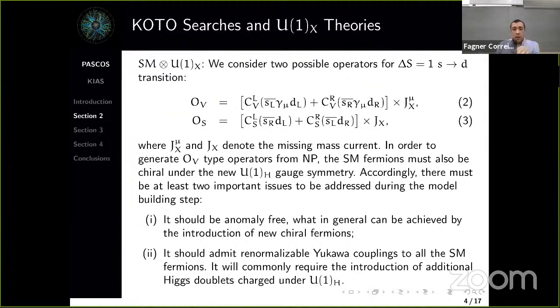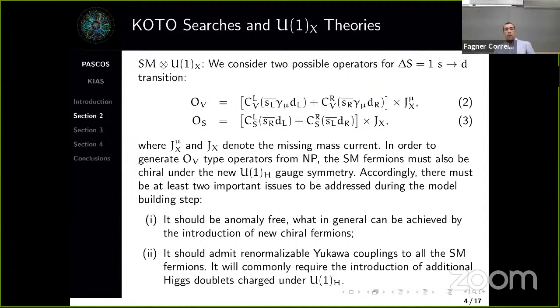So here we do both. We do both with the most canonical examples that we have in the literature. One is the 2HDM, and the other one is the abelian extension of the standard model.